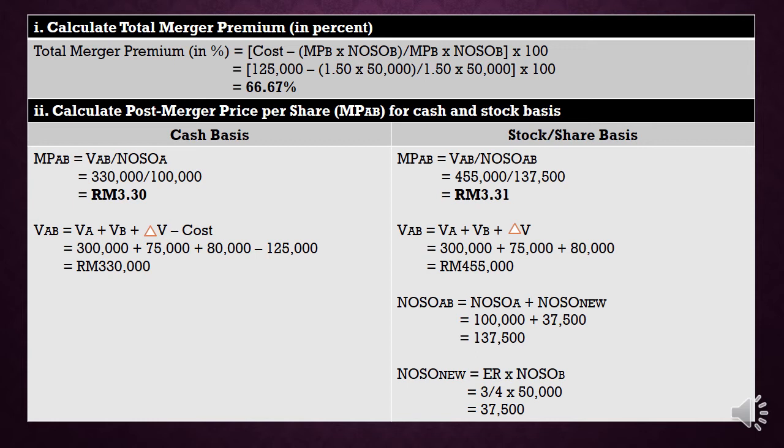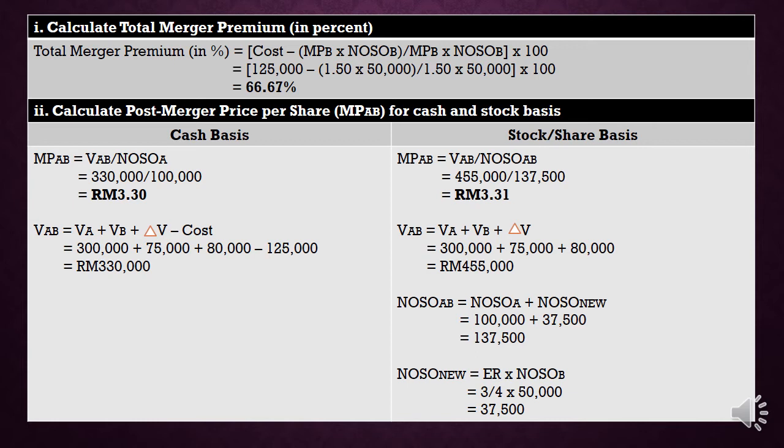So you just add all of the information into the formula. The cost equals 125,000 minus MPB, which is 1 ringgit and 50 cents, times NOSO B 50,000, and divided by MPB 1 ringgit and 50 cents times NOSO B 50,000, and all will be timed with 100.